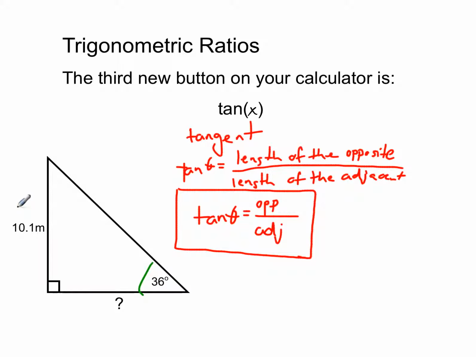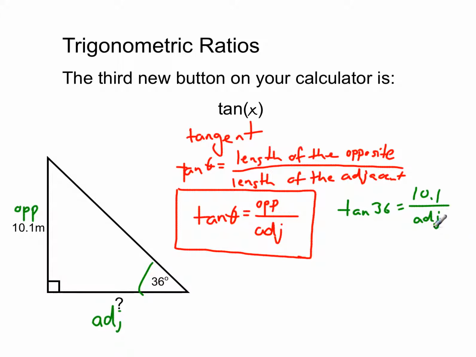We're given the opposite side's length, and we're asked to find the adjacent side. So the tan of theta, perhaps we can just put our numbers in right away. The tan of 36 is going to equal the opposite, which is 10.1, divided by our adjacent, which is our unknown.